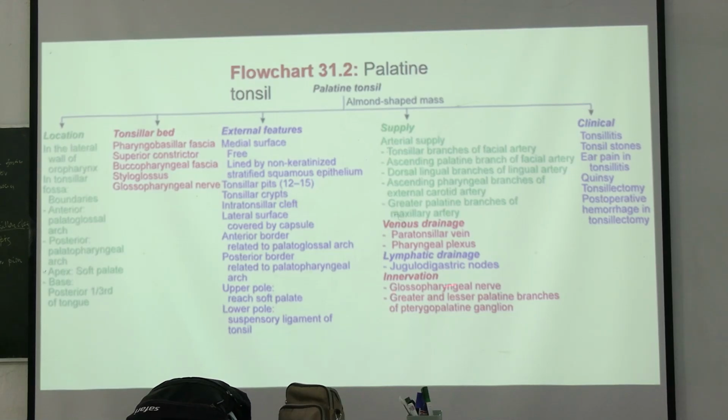Innervation: glossopharyngeal nerve, greater and lesser palatine branches, and pterygopalatine ganglion. Clinical: tonsillitis, tonsil stones, ear pain in tonsillitis, quinsy, tonsillectomy, post-operative hemorrhage in tonsillectomy. These are the main areas you have to focus on.